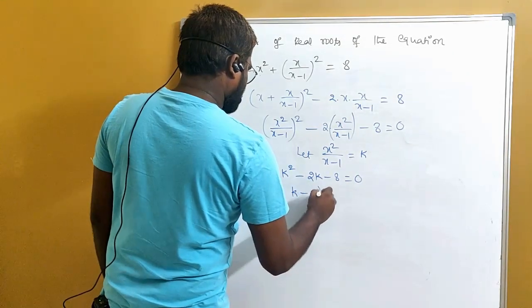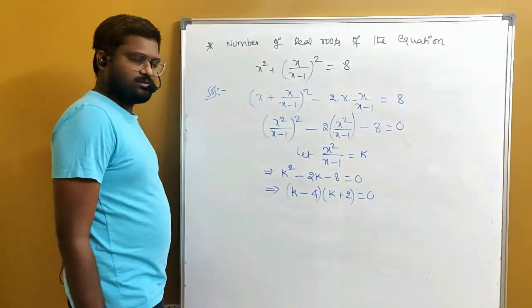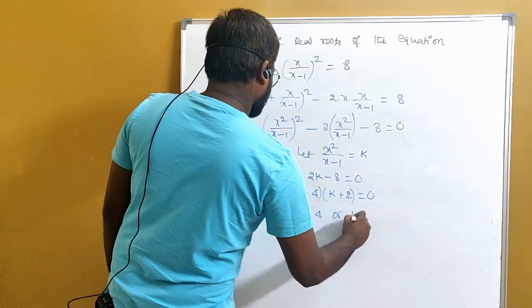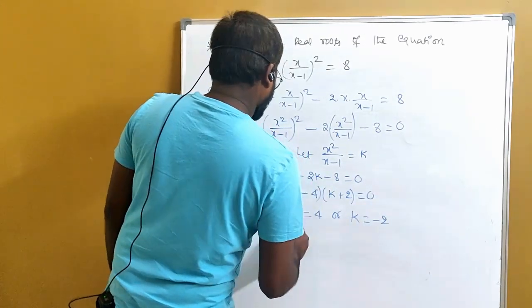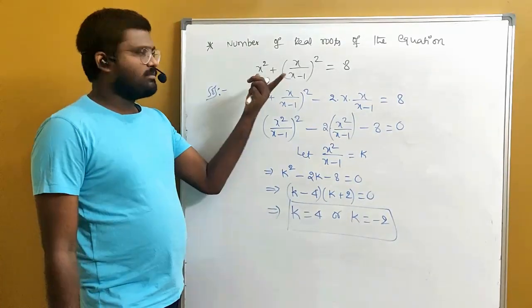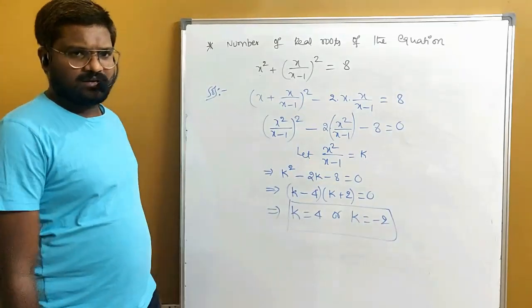So it will be (k minus 4) into (k plus 2) equal to 0. Is it correct? Now finally I will get k equal to 4 or k equal to minus 2. But we need to find the values of x, isn't it? Number of real roots.